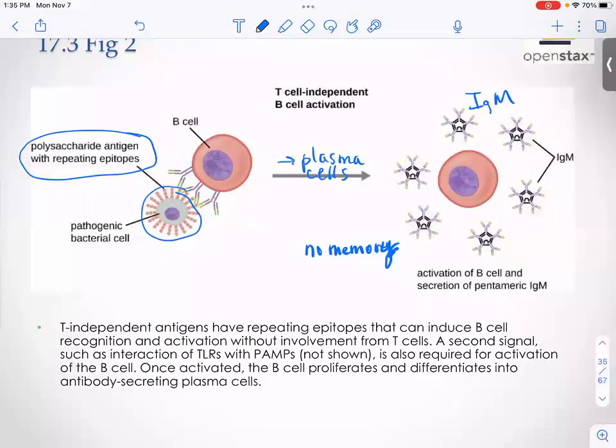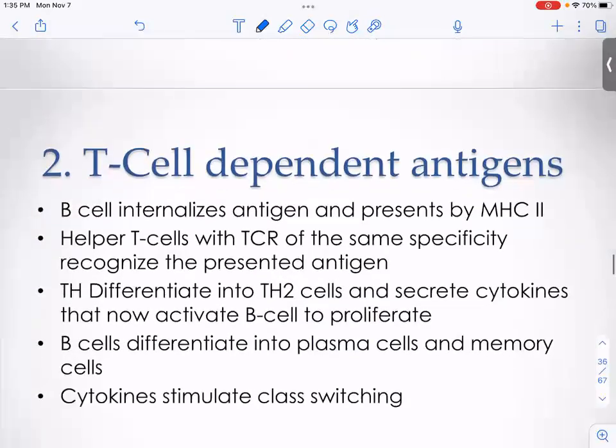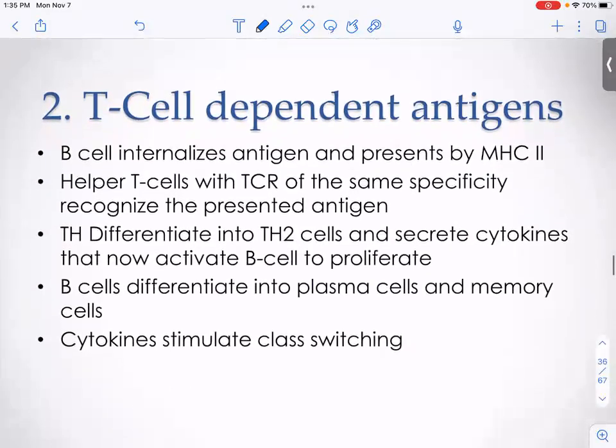All right, let's take a look at the other way that B cells get activated. This is the most common, because this is the way all protein antigens activate B cells, and that's called T cell dependent antigens. I tried to write down some of the steps here before we get to the next graphic.